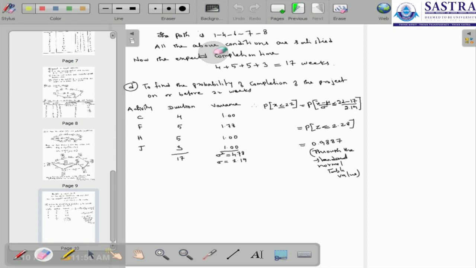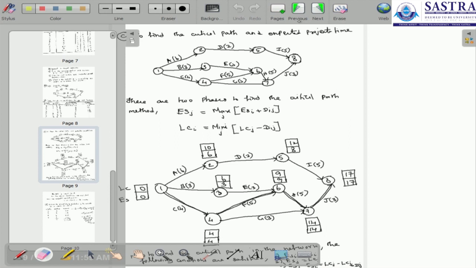Now the expected completion time: the duration for 1 to 4 is 4, and then 5, and then 5. So there is a result.